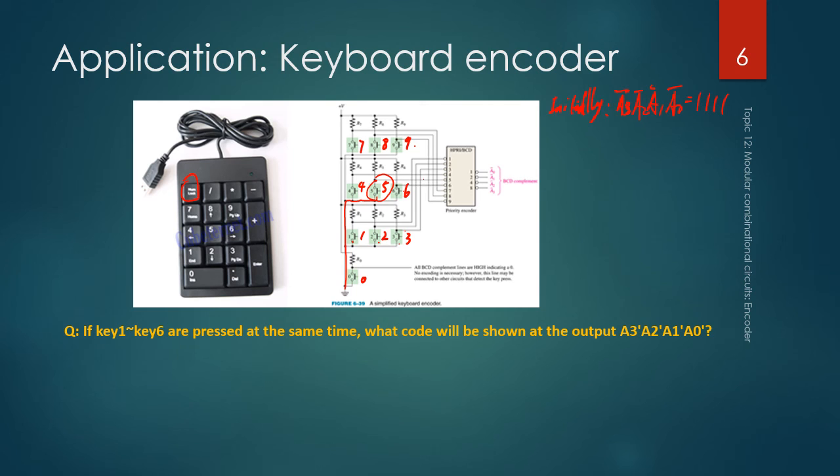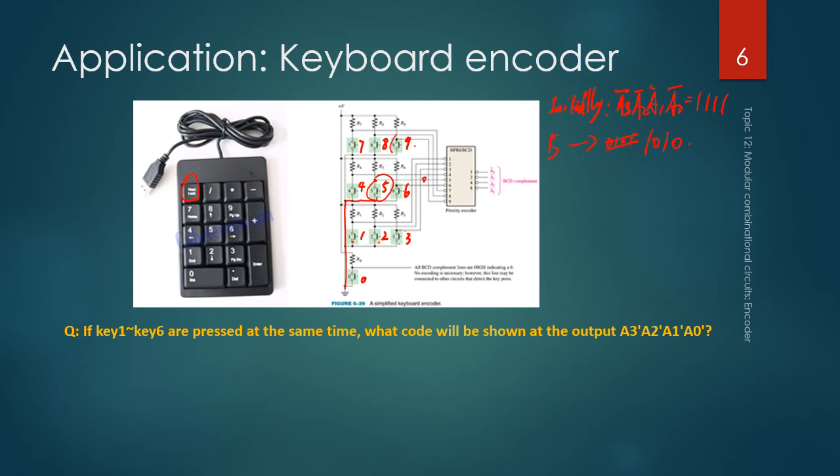So it will send a 0 to this input 5 here, and this encoder then will generate the BCD code for 5. If you remember, which is the opposite of 0101, so it should be 1010. And then the computer knows you pressed the key 5 on the keyboard.